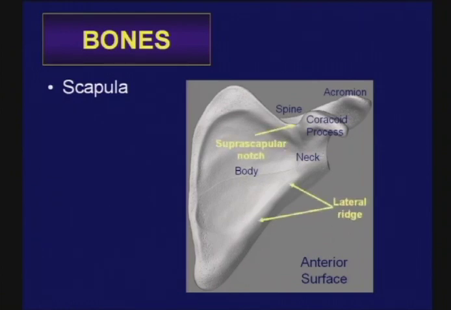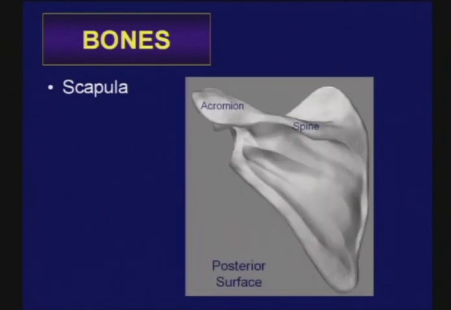There is a lateral ridge, which is a bone prominence on the anterior surface of the scapula, and there is one of two major notches in the scapula. This is the suprascapular notch. Evelyn Flizard talked about this yesterday. Through this notch travels the suprascapular nerve, and hence this is a site of nerve entrapment.